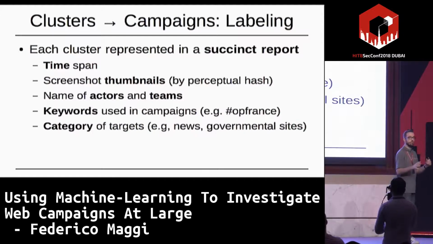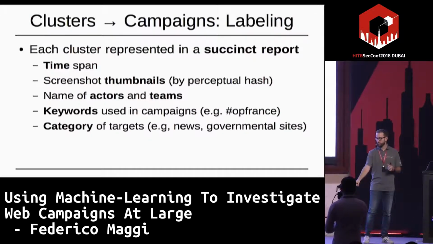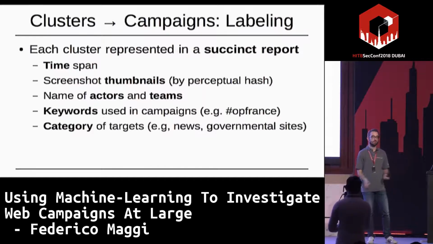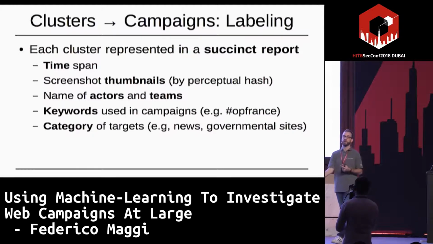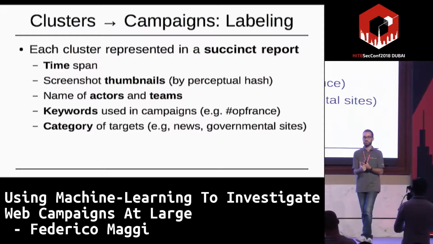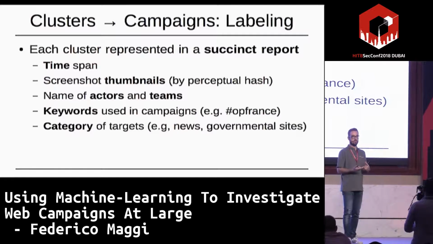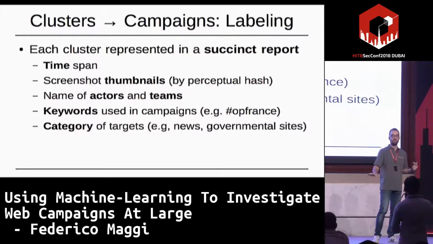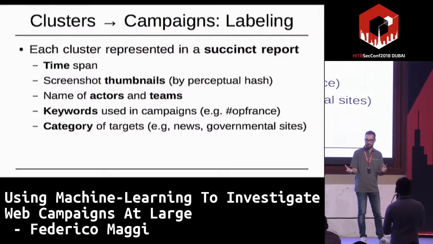If you're able to do that, you're really helping the investigator say, oh, that web page that I thought was an isolated incident is actually part of a campaign, and I can give a name to that campaign. I can tell who are the guys behind that campaign. I can somehow tell what language they speak, what they wanted to say, without even looking at the pages. That's the difference between pure clustering and making sense out of clustering, what we call campaigns.